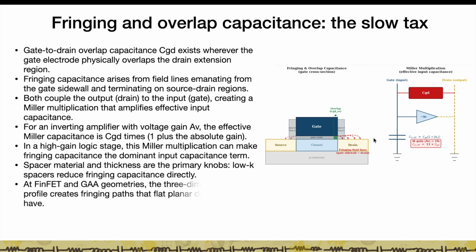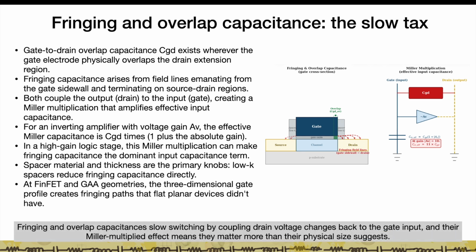In a well-designed logic cell at an advanced node, Miller-multiplied CGD can be the dominant contributor to input capacitance, not the intentional gate capacitance over the channel, but the parasitic fringing capacitance multiplied by gain.